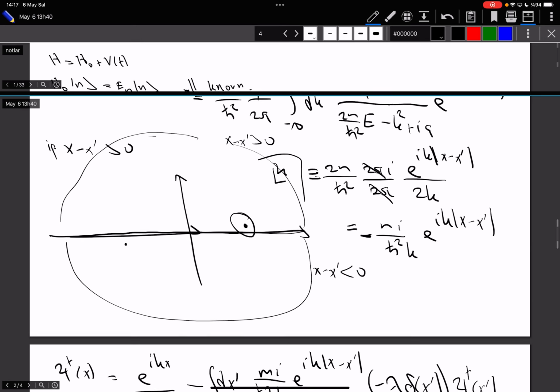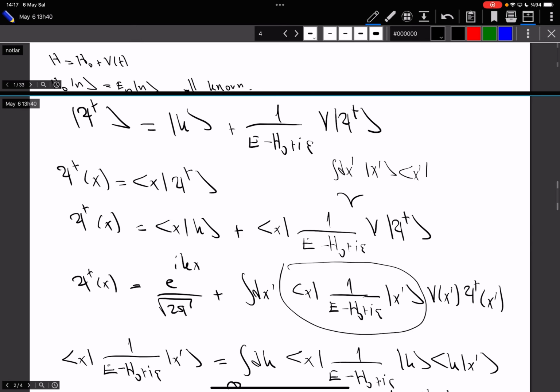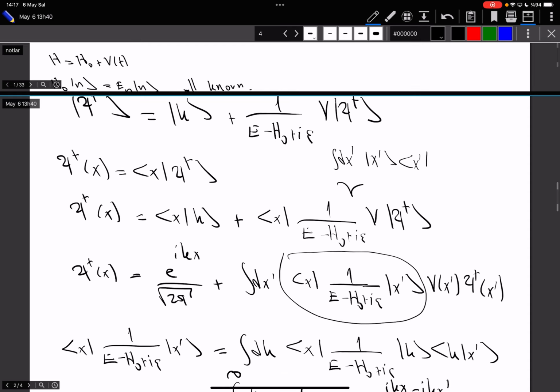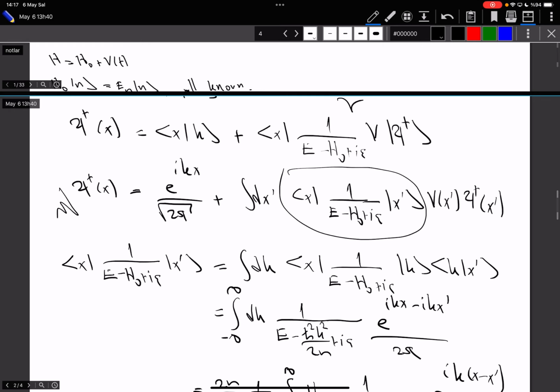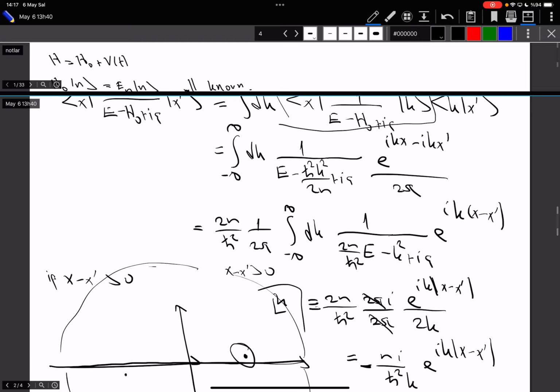This is the exact psi plus. This is the integral equation satisfied by psi plus. And I can evaluate this matrix element exactly. No approximations needed.